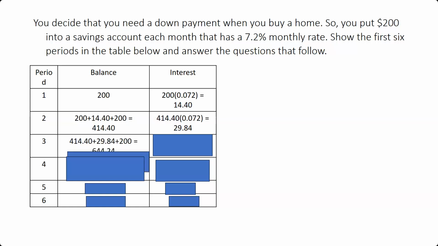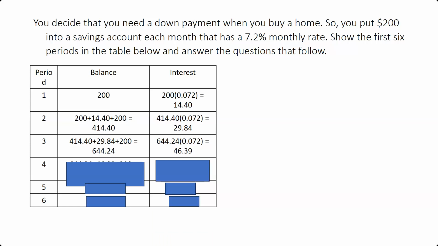So for the third one, you get 644.24. And then you're paying interest, or not paying, this one you're getting interest, but you're getting interest on that balance of $644. So we multiply it times our rate as a decimal and get 46.39. What do we get for the next balance? Anyone? $90.63.